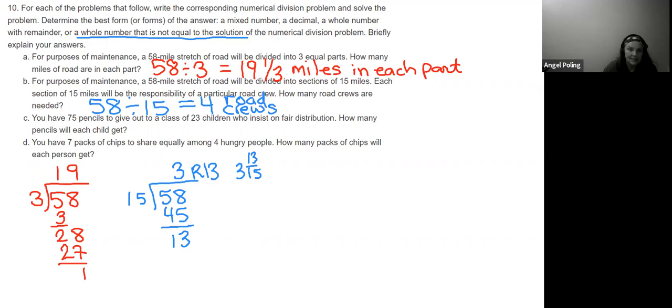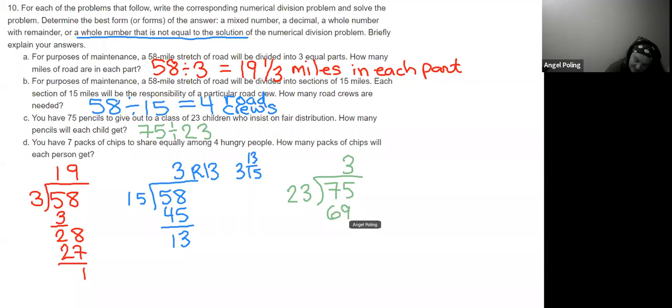Okay, let's look at C. You have 75 pencils to give out to a class of 23 students who insist on fair distribution. How many pencils will each child get? So we have a 75 divided by 23 situation. When we divide the 75 by the 23 students, we're going to give each kid 3 pencils, right?